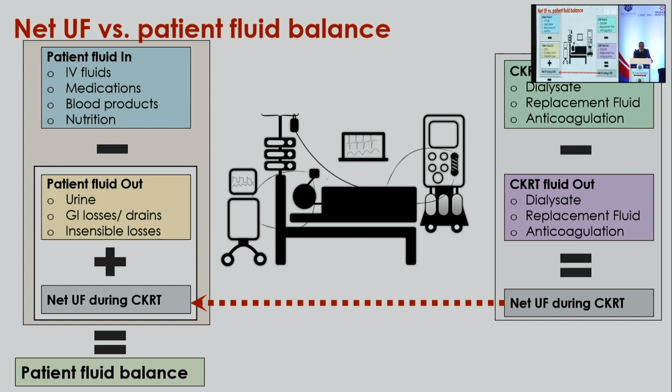But as you may have surmised already, the net ultrafiltration only forms one component of the fluid balance equation in the patient. A net negative fluid balance on the CRRT machine may not necessarily mean a net negative fluid balance in the patient.